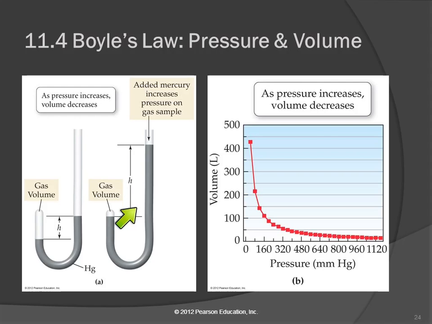So larger pressure, smaller volume. Smaller pressure, larger volume. And here's a graph. If you graph volume against pressure, as you increase the pressure, the volume goes down. This is not a linear relationship, but if you graph volume versus 1 over pressure, then you get a nice straight line.